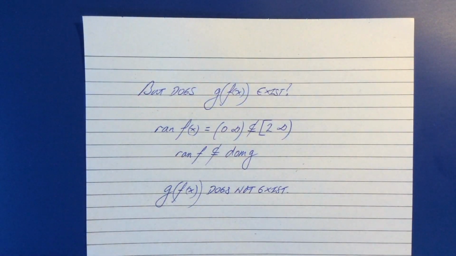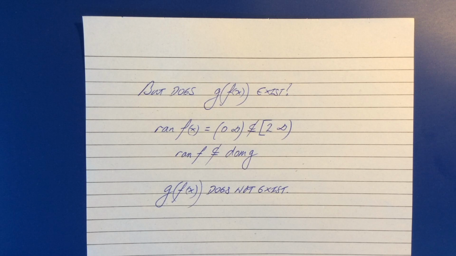Remember the domain of g. Well, does g of f exist? Well, the range of the function of x is from 0 to positive infinity. And look what we've got. We've got the domain of g, and that is from 2 to positive infinity.